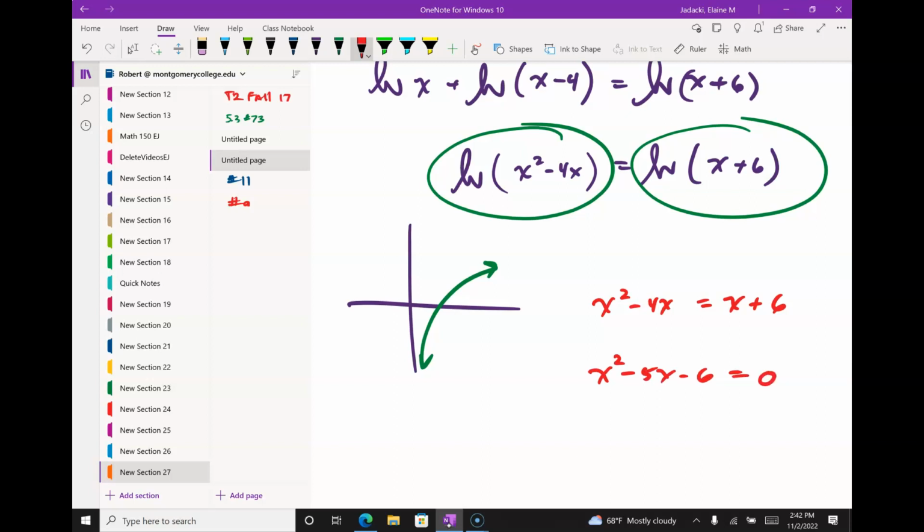Now we're back to algebra 1, factoring a quadratic. What two integers multiply to negative 6 and add to negative 5? Yes, negative 6 and 1. So x minus 6 and x plus 1, right?